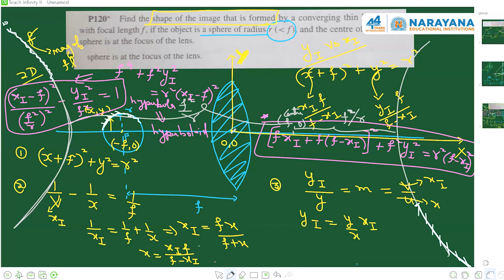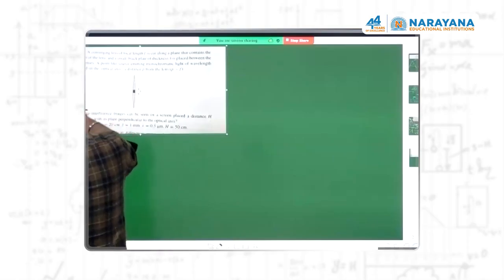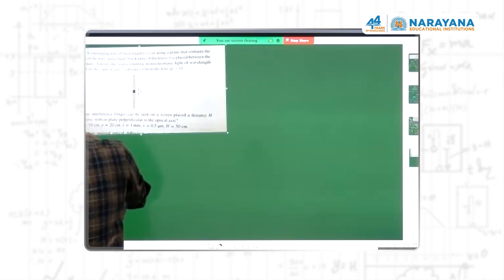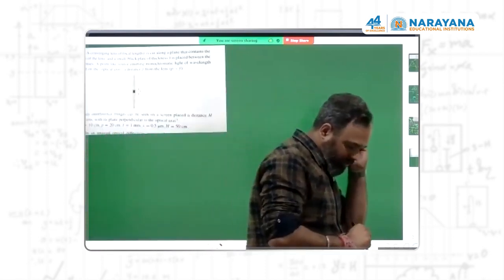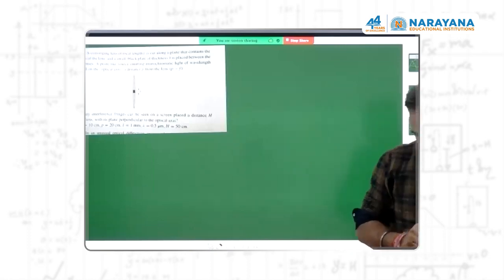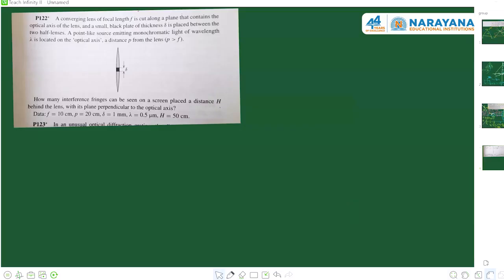Now the same idea that I have taken there, I just twist a bit in the next problem. There is a geometrical optics aspect to the problem, and then he is trying to extend that concept to interference. So let's understand what he is trying to say. The problem is like this.